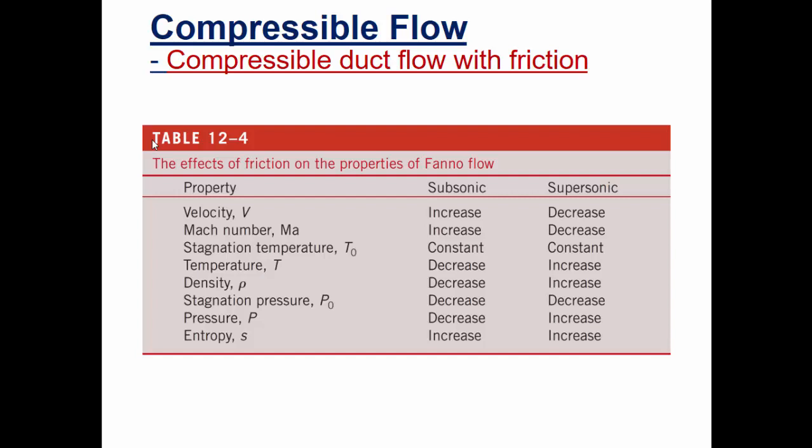Whereas if you look into the pressure itself, when it is for subsonic flow, before and after the control volume, we will have a decrease of pressure, but for supersonic flow we will have an increase of pressure. There is some kind of difference between the subsonic and supersonic flow when we consider friction in our compressible flow.